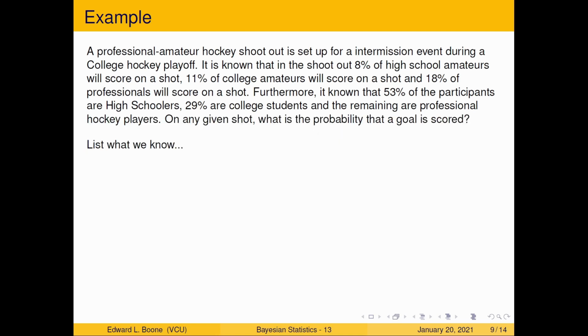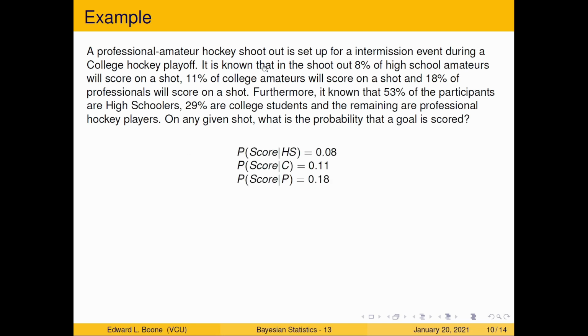Well, the first thing we're going to need to do in all these problems, and this is something that you'll have to keep doing throughout this course, is write down what you know. So what do we know? Well, from our first bit here, we know that the probability of a score given a high school student is 0.08. The probability they score given a college student is 0.11, and the probability they score given a professional is 0.18.